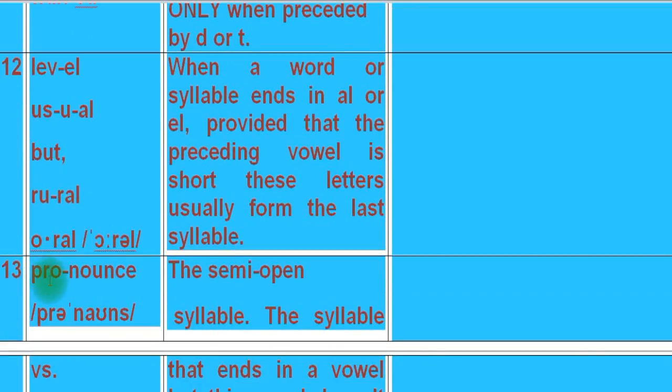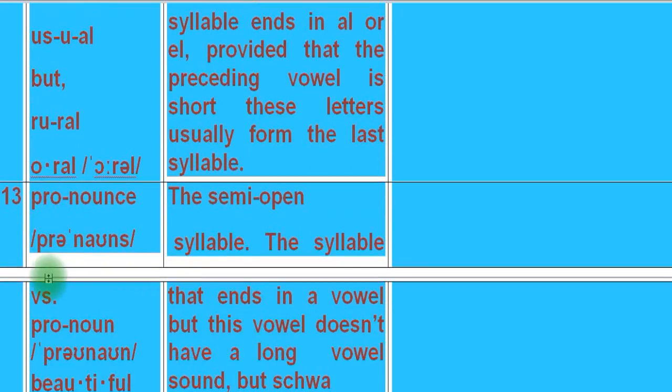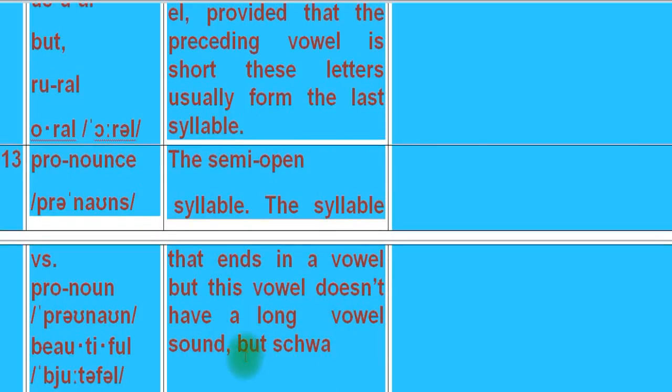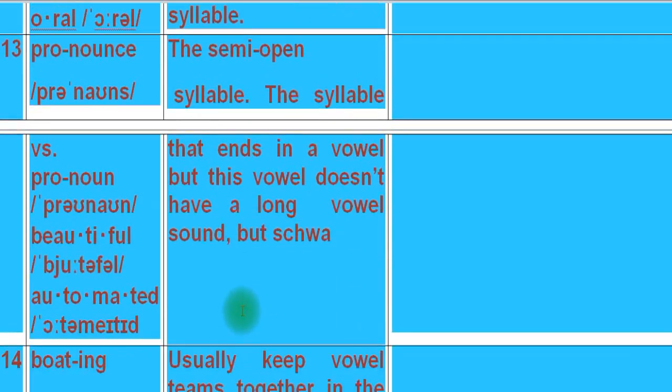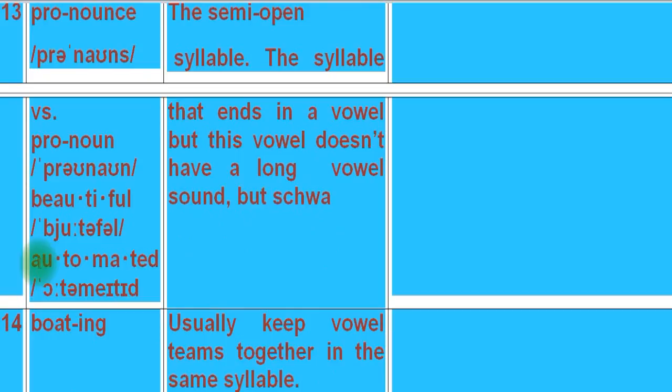Pronouns versus pronouns. We have what is called a semi-open syllable. The syllable that ends in a vowel, but this vowel doesn't have a long vowel sound, but short. Here, automated.